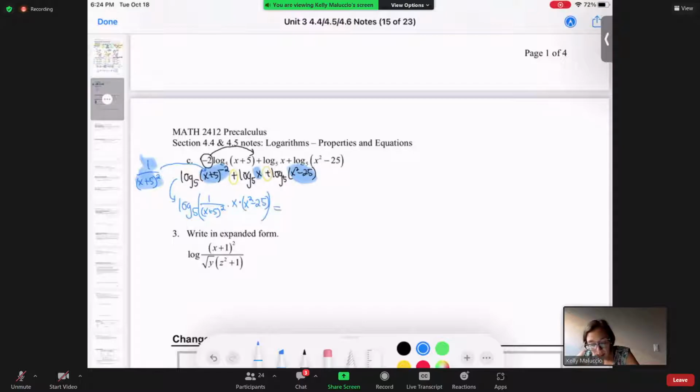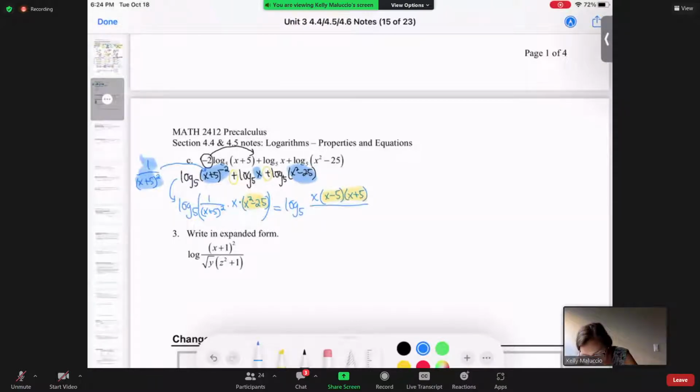Now, x squared minus 25 factors, right, to x plus 5, x minus 5. So I think I can cancel some terms here. So I'm going to get log base 5, and then I'll put x in the top, x times x minus 5 times x plus 5. I'm replacing this with this factored form. That's all I did, right?